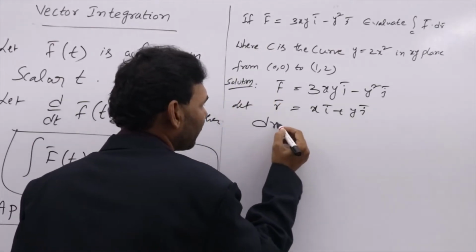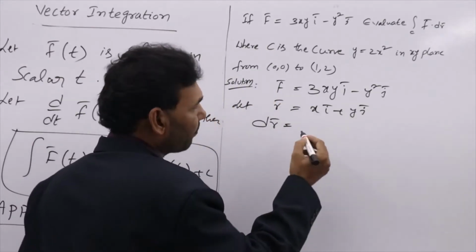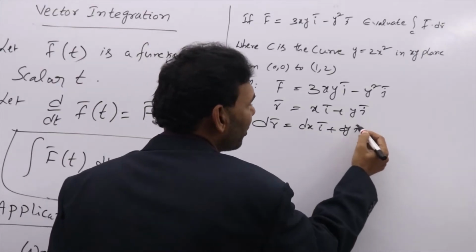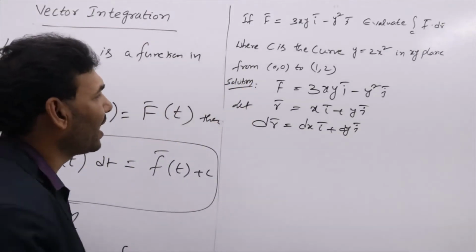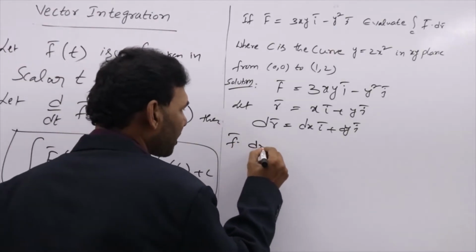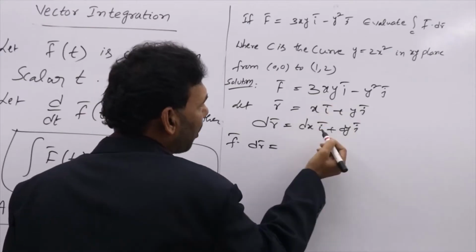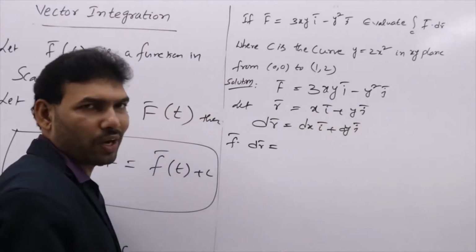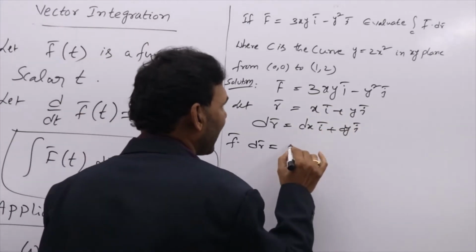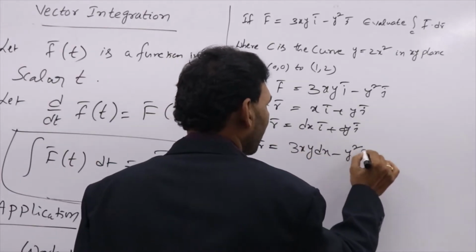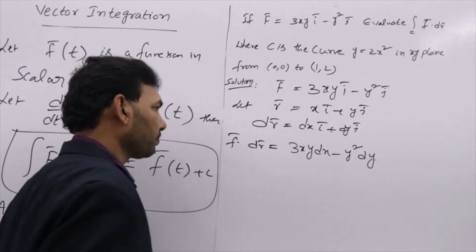If you differentiate, what you will get? dx i plus dy j. Now we need f bar dot dr bar. Multiply f bar and dr bar. i dot i is 1, j dot j is 1, we know. So if you multiply, what you will get? 3xy dx minus y square dy.